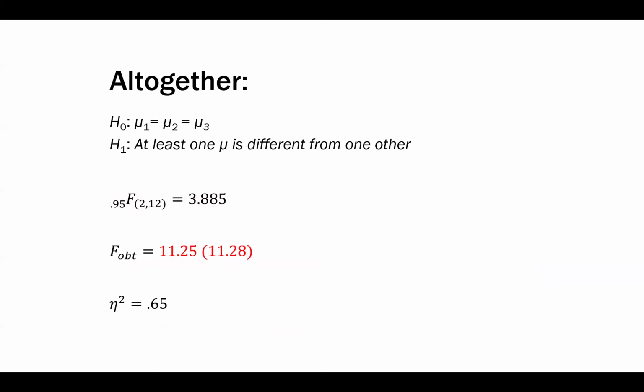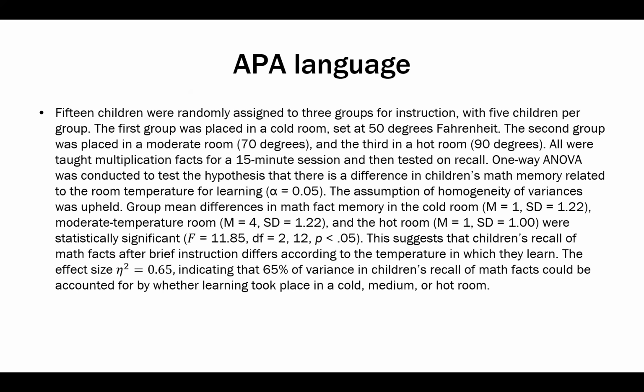If we want to put that into an APA write-up, we're going to say something like: 15 children were randomly assigned to 3 groups for instruction, with 5 children per group. The first group was placed in a cold room set at 50 degrees Fahrenheit. The second group was placed in a moderate room, 70 degrees, and the third in a hot room, 90 degrees.